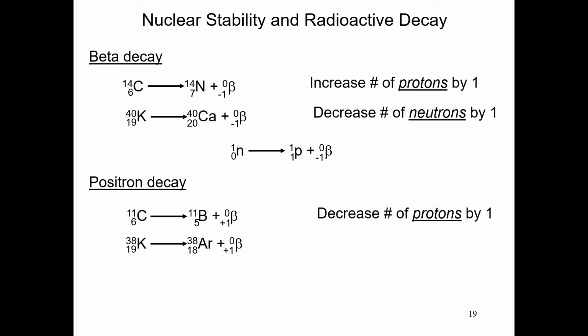So if you decrease the number of protons by 1, but the mass number stayed the same, that must mean that you must have increased the number of neutrons by 1. And so we could conclude that when a positron is emitted, what must be happening is that a proton is being converted into a neutron. And that's the equation for the process.